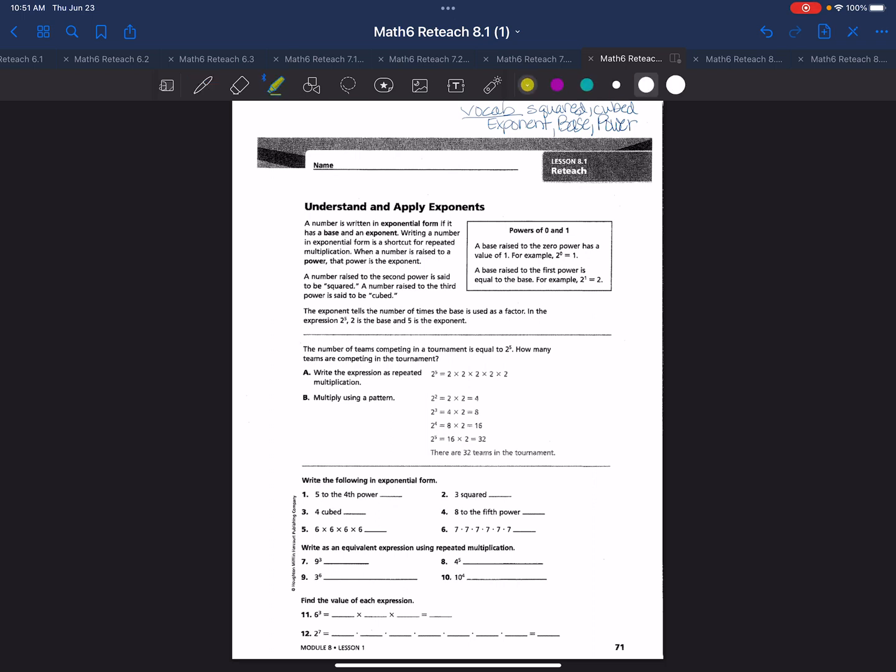Okay, so a number is written in exponential form when it has a base and an exponent. So for example, if we have 2 to the 5th power, that's your base, the large number, and then the small number up here is your exponent.